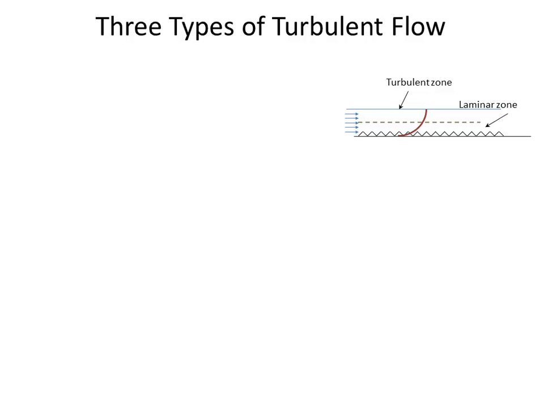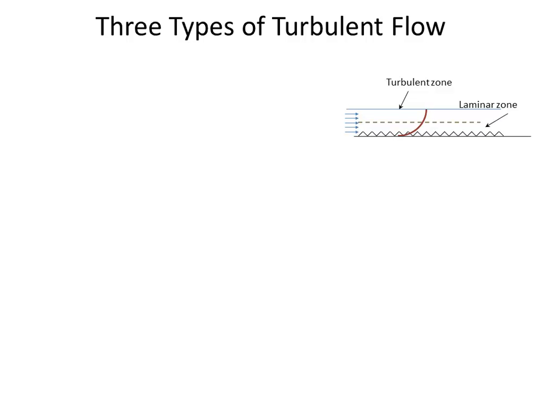So that laminar zone is sort of like a cushion of water that doesn't have a lot of random turbulence in it. Remember that when we visualized laminar versus turbulent flow in the lab with that long, thin tube where the dye was being injected, when conditions were laminar, the dye was in a straight line. But when conditions were turbulent, it was like a squiggly line.